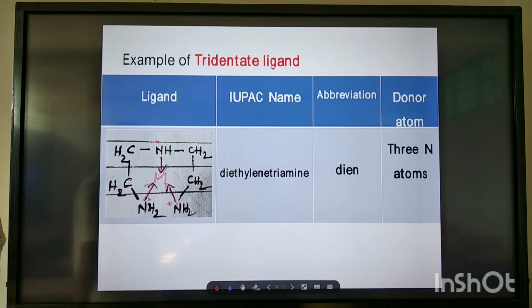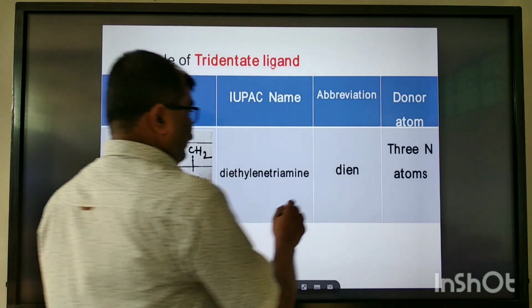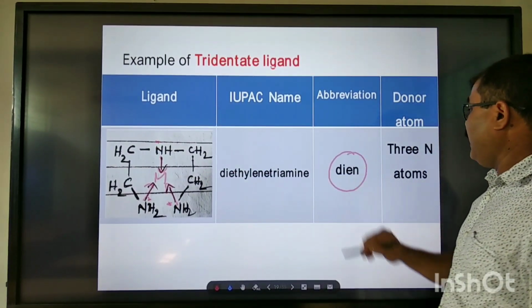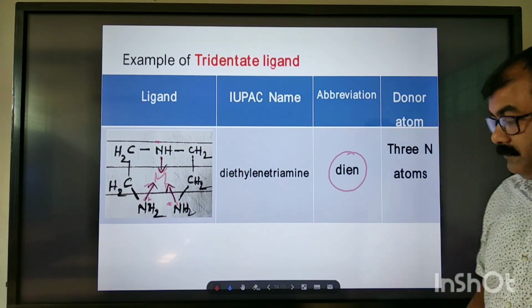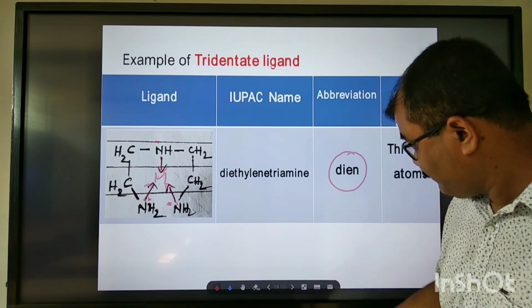That is why it is a tridentate ligand, denticity 3. And it is abbreviated as dien. You will go ahead.